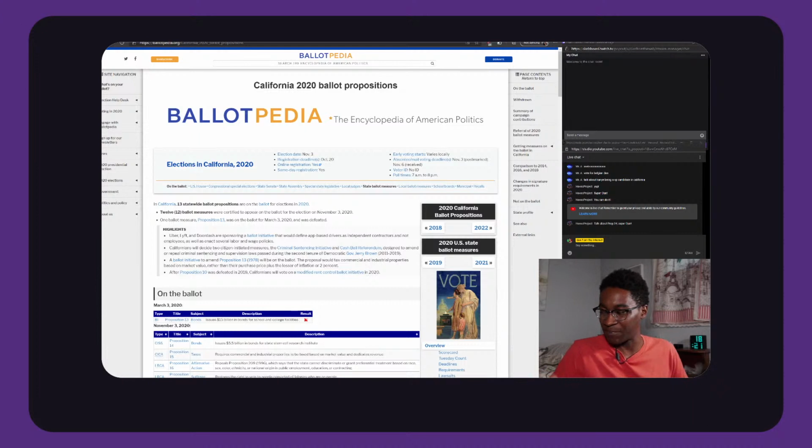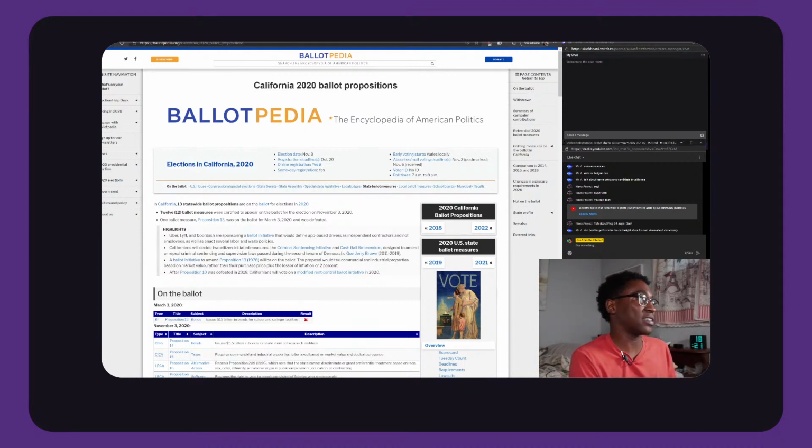Because of the concern about bias in politics, there's definitely a concern to make sure there's non-biased information on Ballotpedia. I think Ballotpedia does a really good job of keeping non-biased information there.